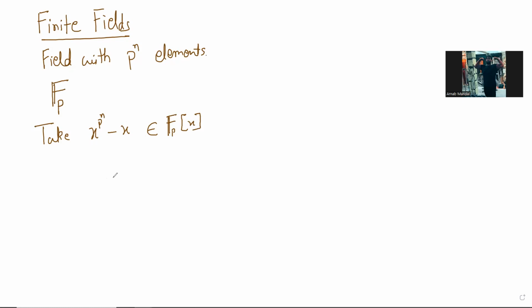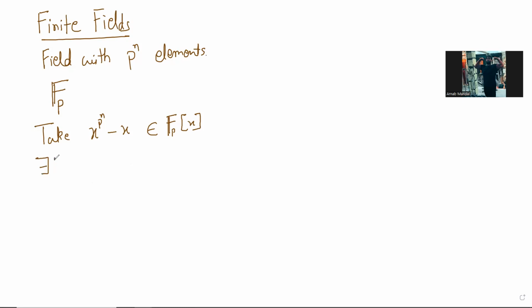Okay. Now from field theory, you know that this polynomial has a splitting field. Right? It has a splitting field. So there exists, this is from general theory. It's not difficult, but we'll not prove that right now.